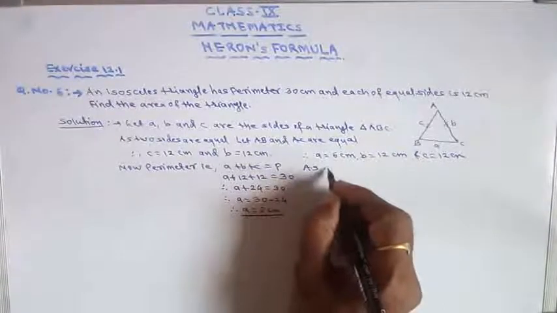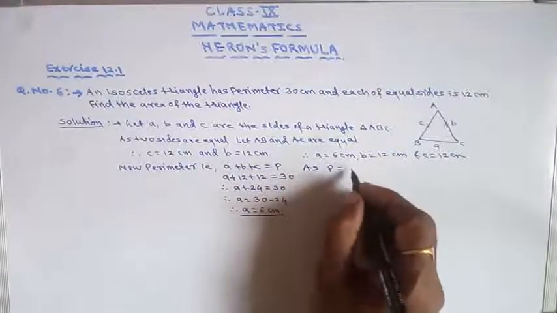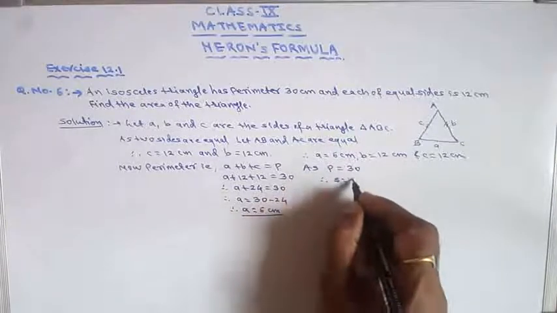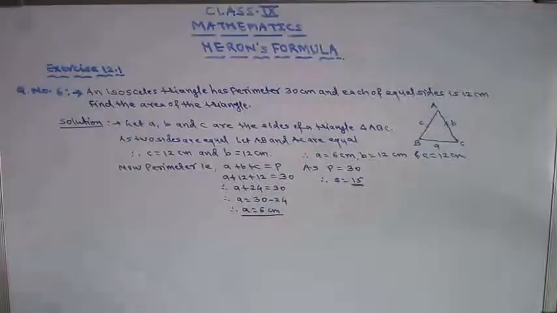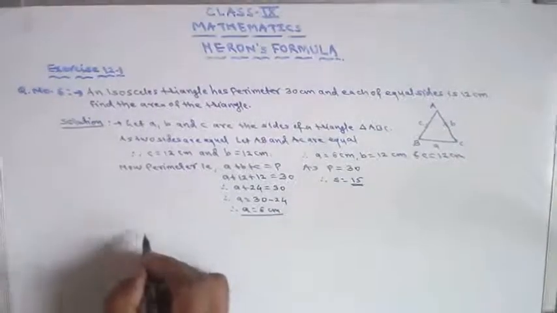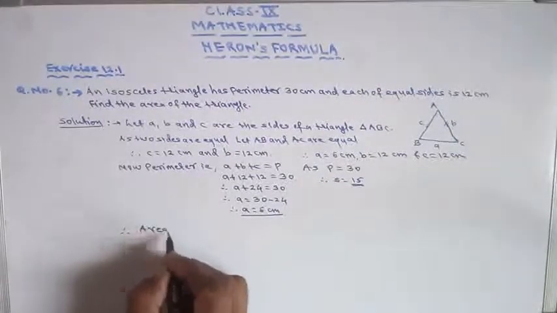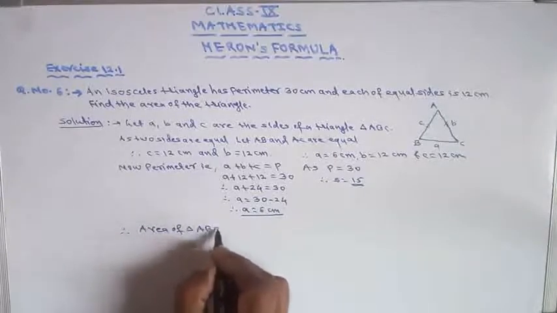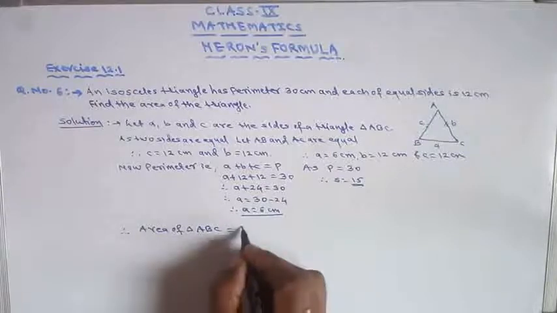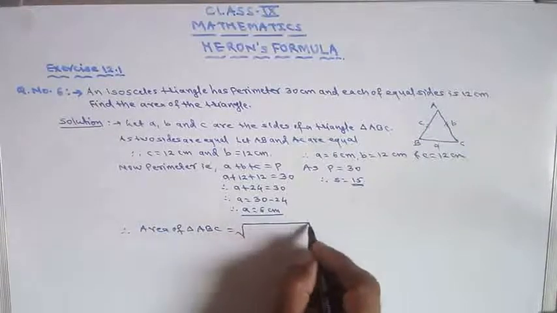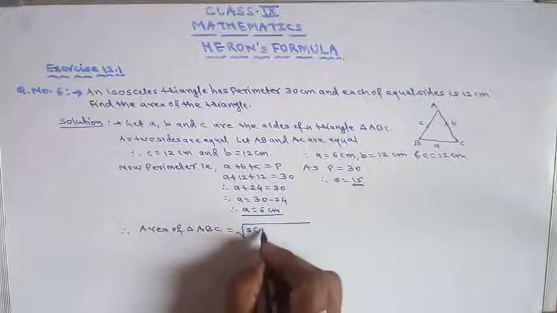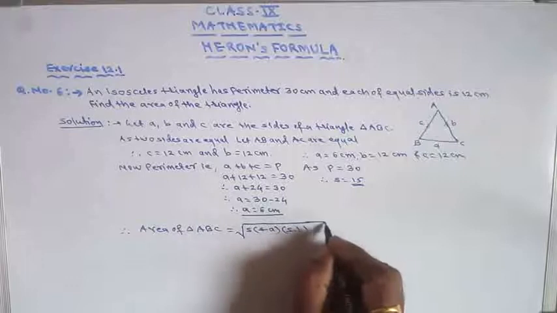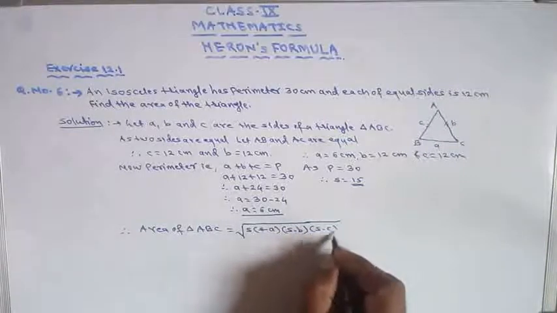As perimeter is equal to 30 centimeter, therefore the semi perimeter will be 15, half of perimeter. Therefore area of triangle ABC, that is equals to under root s into s minus a, s minus b into s minus c.